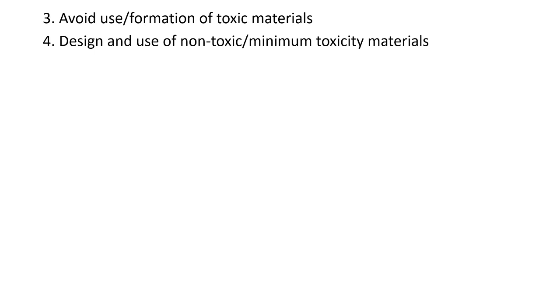Means consider the third principle. Here we are talking about zero use or zero formation of toxic materials, but that is not going to happen all the time. In all the chemical reactions, it is not possible that all the reactions which will be developed will have no use of toxic material, or no formation or generation of toxic material.